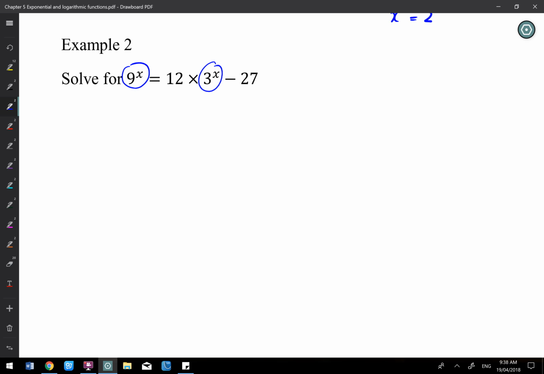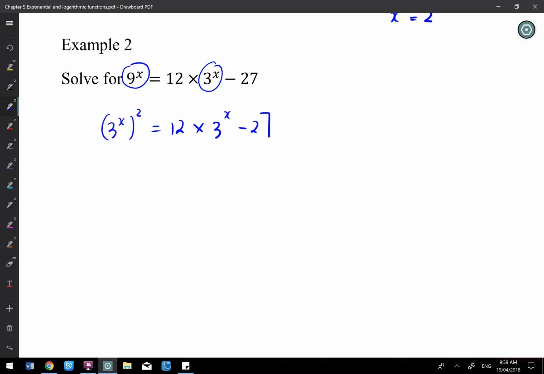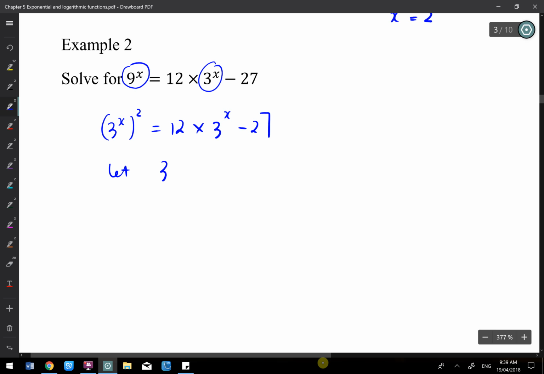So what we should do, 9 to the power of x is 3 to the power of x, then to the power of 2. So we can write this all in terms of 3 to the power of x. That's how you say which type this question is. One is the square of the other one. So we let the smaller one become a.